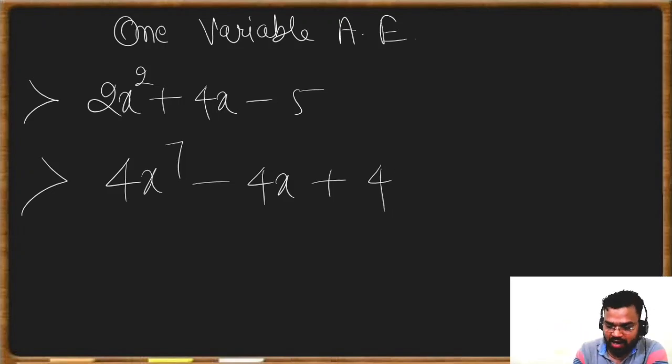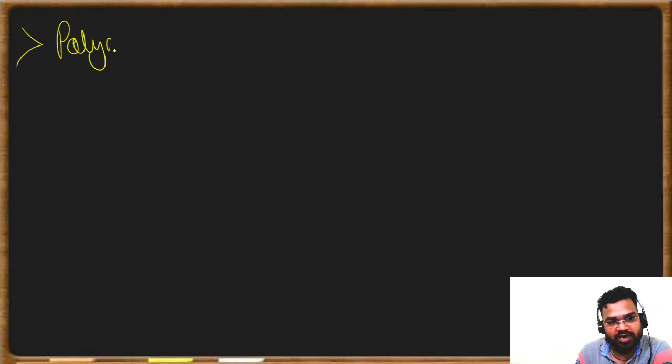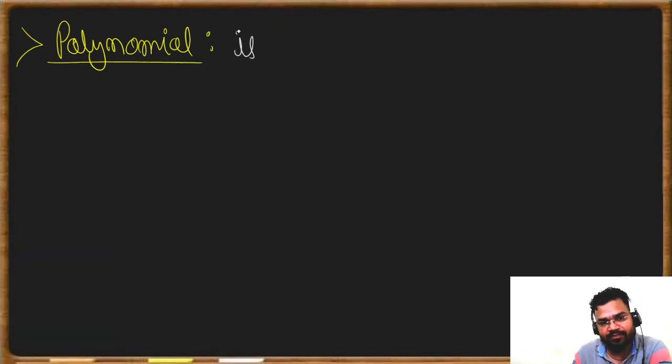Now, what is a polynomial? Because we had to discuss the polynomial. Simply, a polynomial is an algebraic expression, a one variable algebraic expression. So here I am writing what a polynomial is.